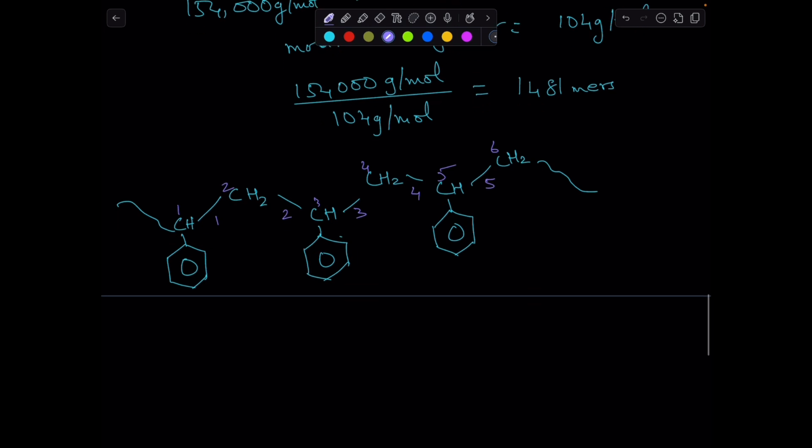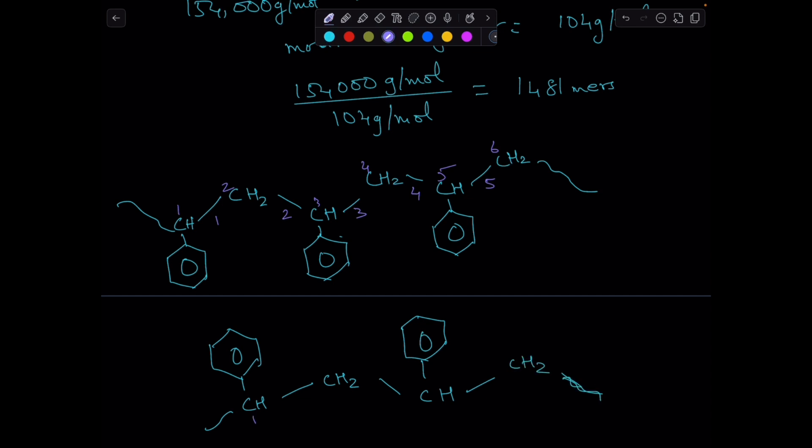Okay. If we have 2 mers, then one, two, three, four carbon atoms and 1, 2, 3 bonds.